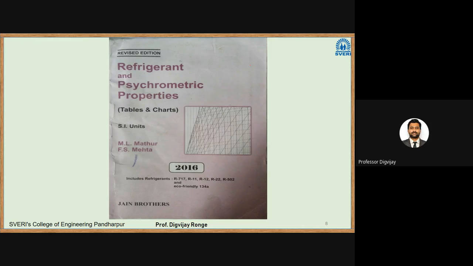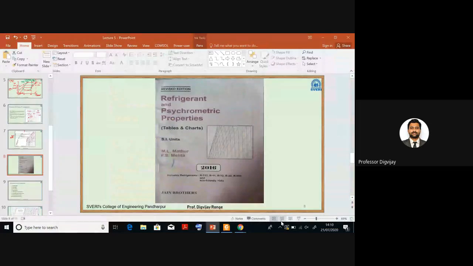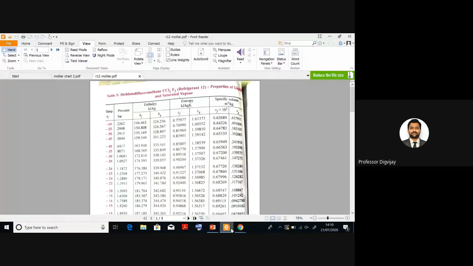Okay. So for reference, I will show you R12. Where is R12? Yes, here it is. Okay, let me just go in.